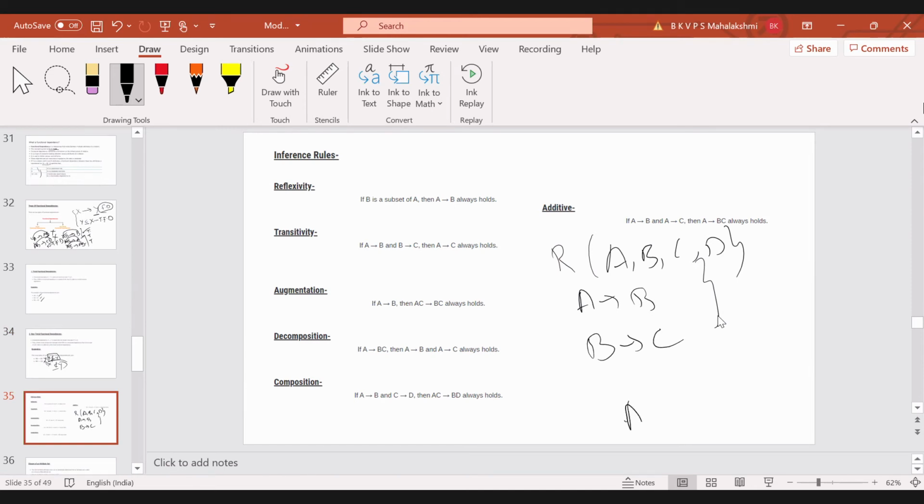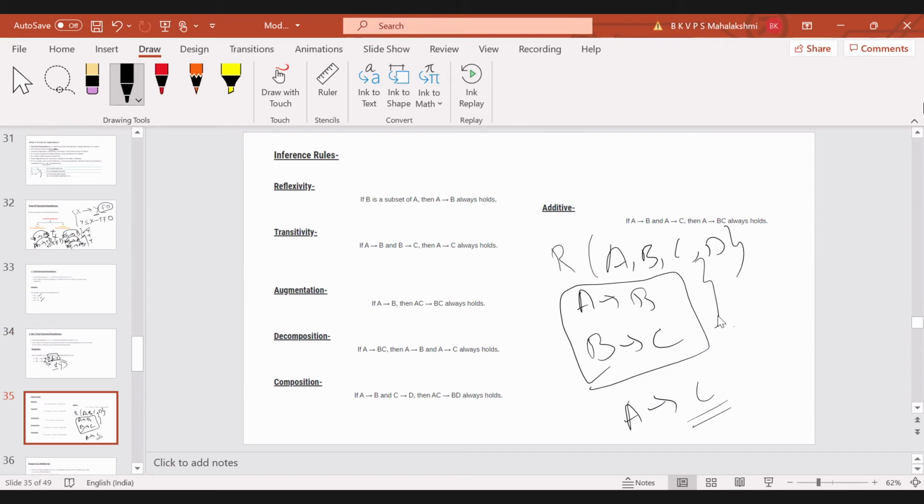Yes, I can do it, because it holds the transitivity property, I can define one more functional dependency, that is A tends to C also. So in this way, the rules, the properties of functional dependencies are useful. You can derive new ones. So what are the properties of functional dependency?